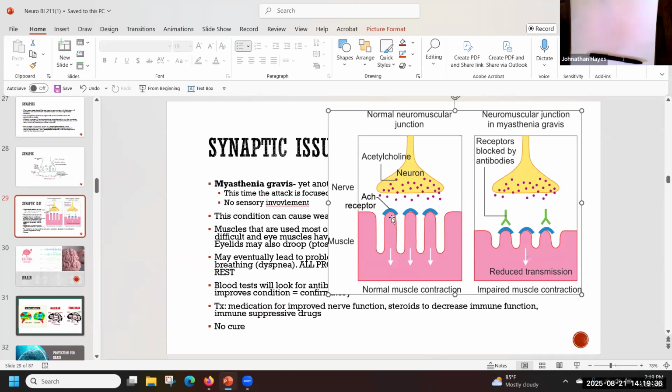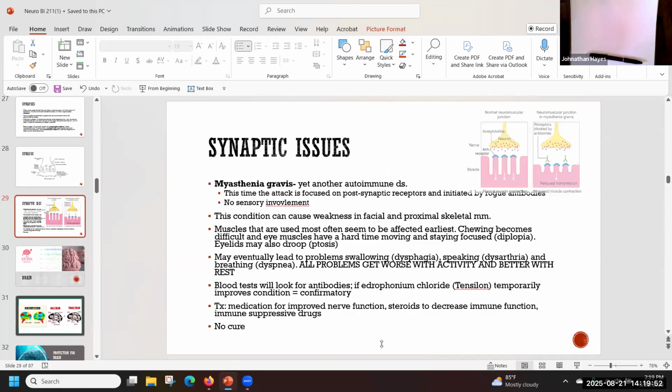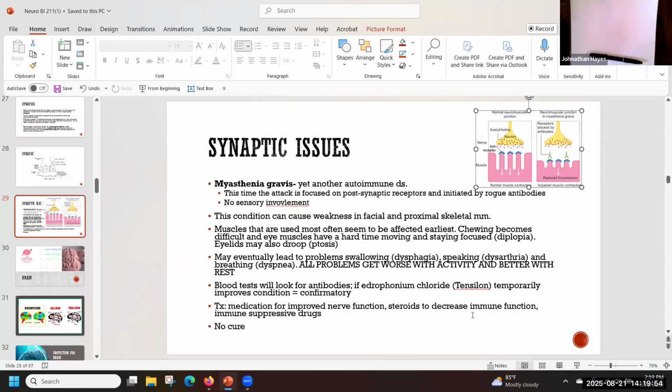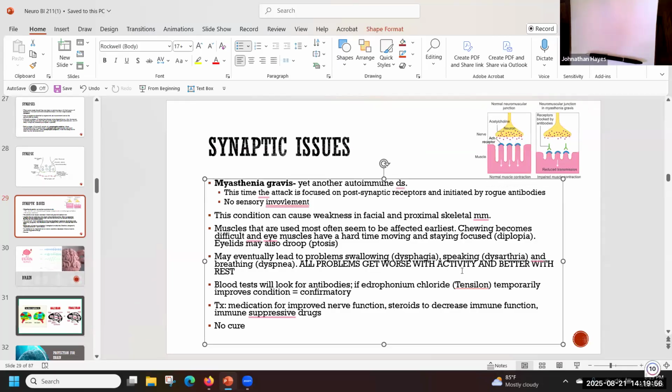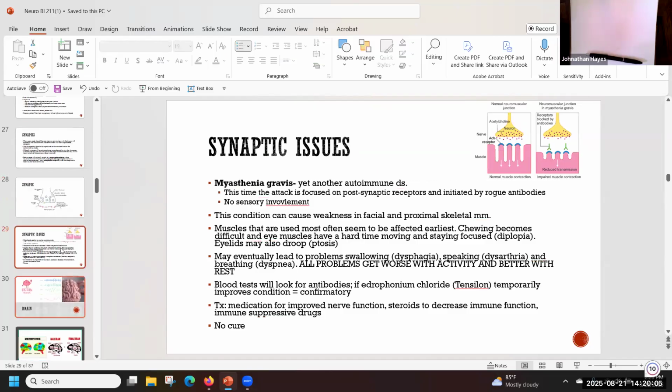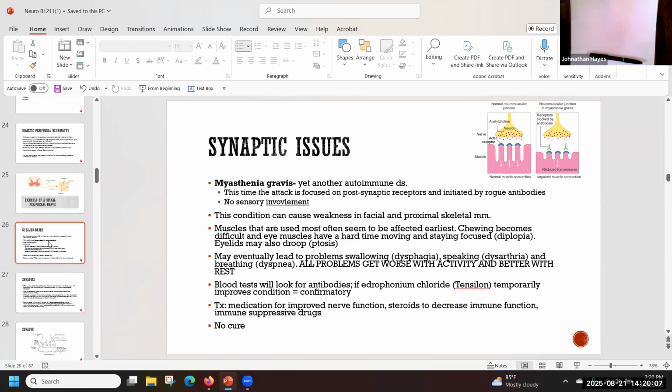And when there's damage going on, if you just relinquish some effects, it tends to clear up a little bit and get a little bit better. So when they're describing that, they're basically saying it gets better with rest, worse with activity. It's just words they use to push you toward these diagnoses, so I made sure to highlight it here. Let me go back and see if I did that with Guillain-Barré as well.